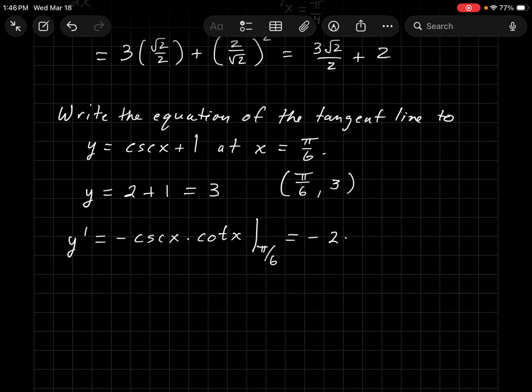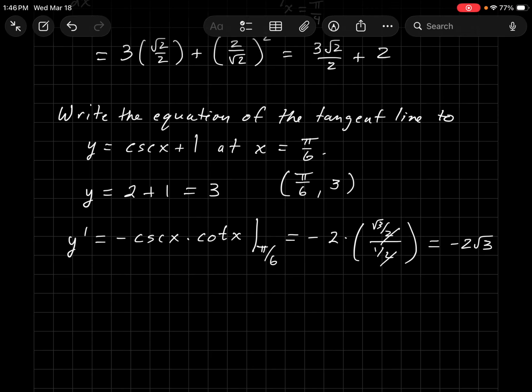And the cotangent of pi over 6, let's do it using cosines and sines. So the cotangent is cosine over sine. And at pi over 6, the cosine is root 3 over 2. The sine is 1/2. Those 2's will cancel. And we end up with negative 2 root 3 being the derivative at pi over 6.